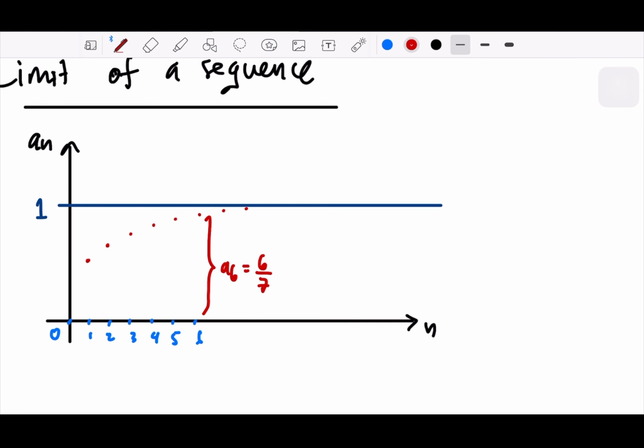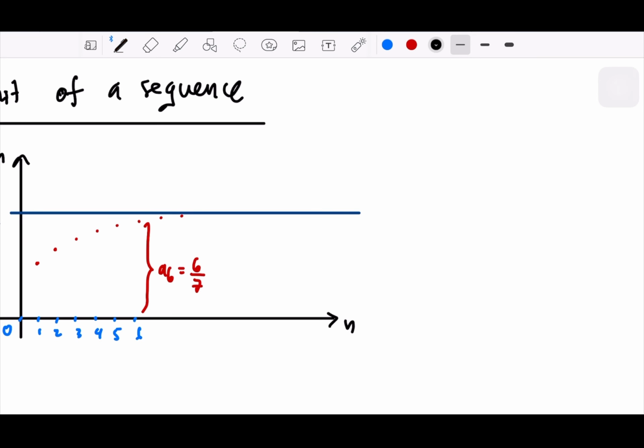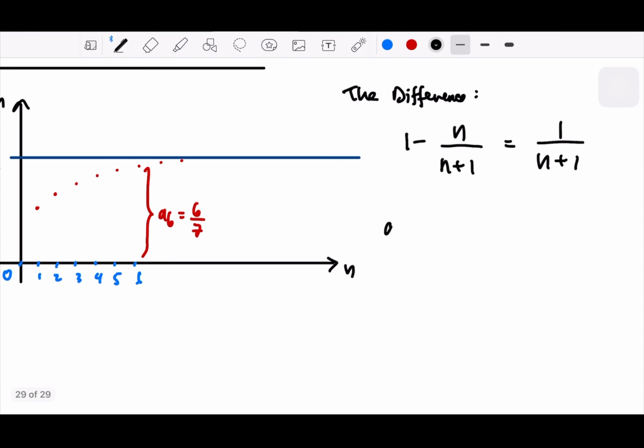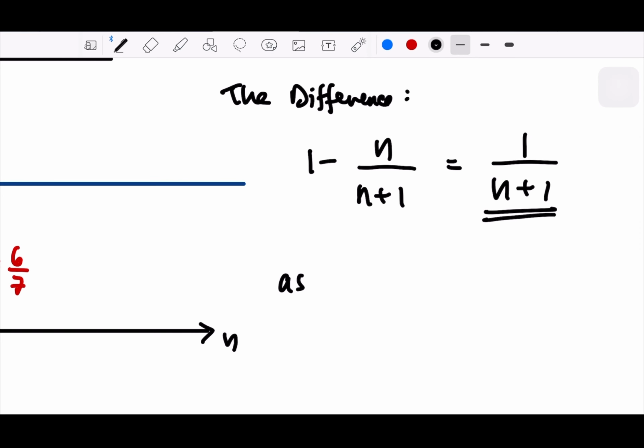Okay, if we take the difference between 1 and the sequence, 1 minus n over n plus 1 is just 1 over n plus 1. So the difference is just 1 over n plus 1.